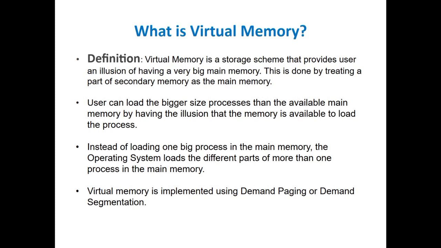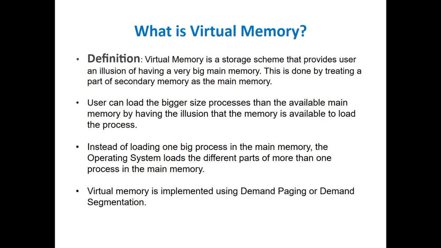What is virtual memory? Virtual memory is a storage scheme that provides users an illusion of having a very big main memory. This is done by treating a part of secondary memory as the main memory. Users can load processes bigger than the available main memory by having the illusion that the memory is available to load the process.